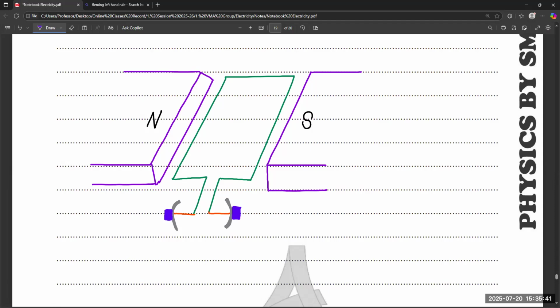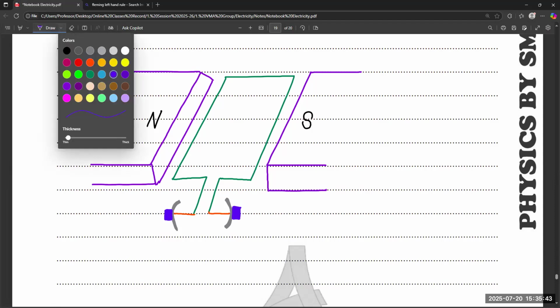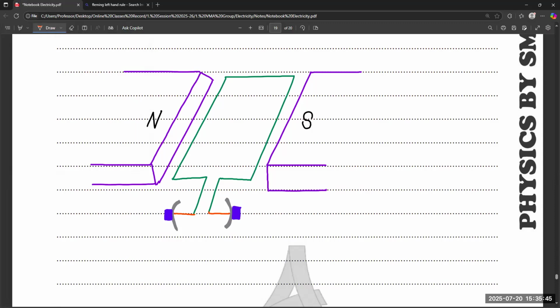So these are carbon brushes, and these carbon brushes are connected with the battery. So this is the whole setup.